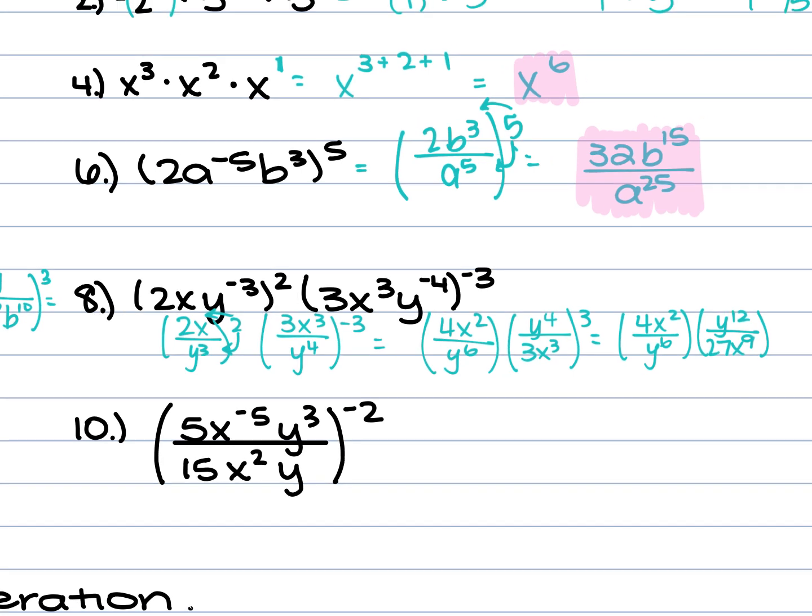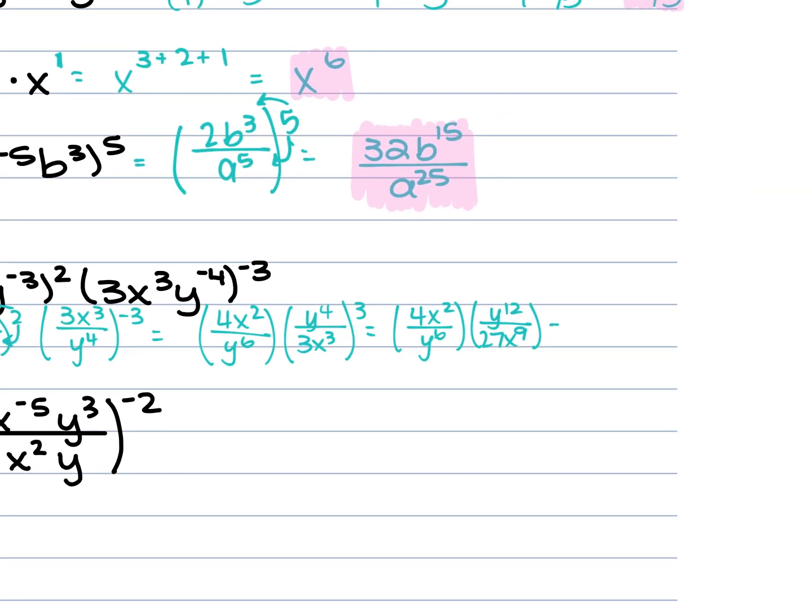So we're just going to multiply these straight across. When we multiply them straight across, remember, if you have the same base on the top and the bottom of your fraction, you're going to have to subtract those powers and make sure that it's positive in the end. So we're going to have 4x squared y to the 12th power over 27 x to the 9th power y to the 6th power.